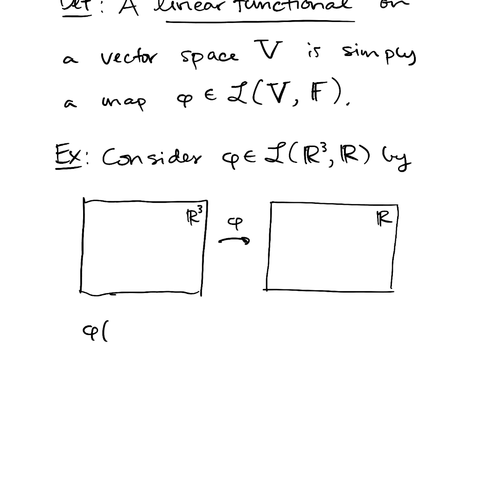If you plug in a vector from R3, say the vector xyz, you feed Phi xyz, and Phi will spit back out x plus 2y minus 5z. The right-hand side of the equal sign is just some number. So that's the output. So this vector by Phi gets sent to this answer over here.